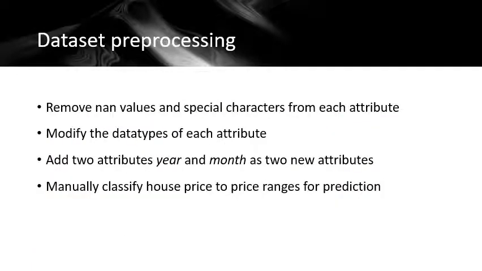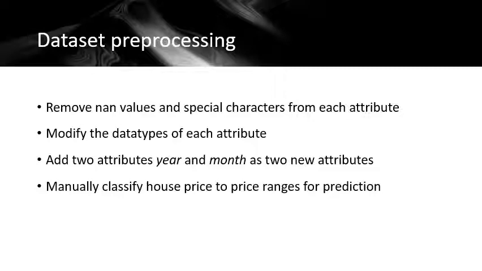For the pre-processing part, first we remove the none values and empty values, as well as the special characters from each attribute. Several attributes do not have the same data types, half of them are strings and half of them are numeric values, and we clean them and modify the data types for each attribute.